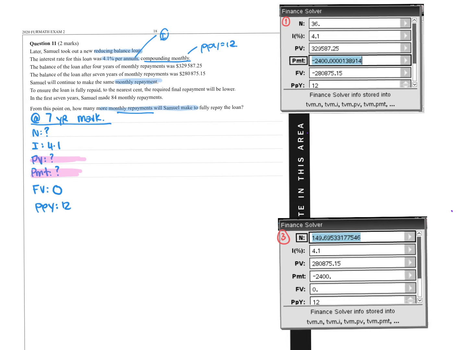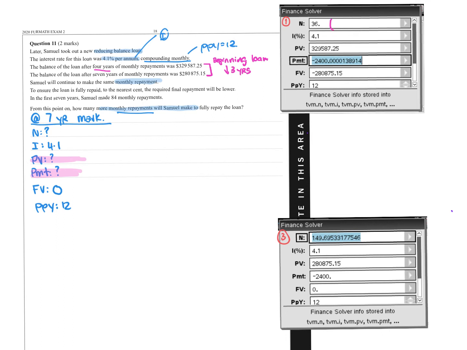So the first thing I'm going to do is use these years here to find the payment, because what I can do is pretend that at the end of the 4th year, that's the beginning of a loan, and then 3 years later I have a value, and that would be at 7.